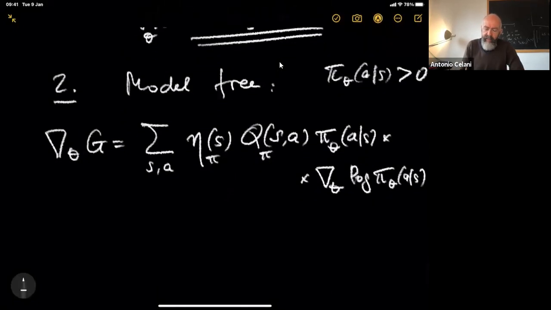But why is that important? Well, because now I can write this right-hand side as an expectation over trajectories, which is the same idea that we've been using when we were trying to learn the value of a function. And the idea is that now we can learn the value of the gradient by replacing these sums with expectation values.